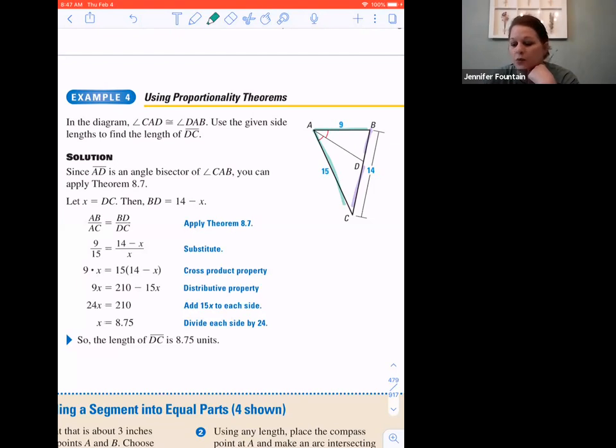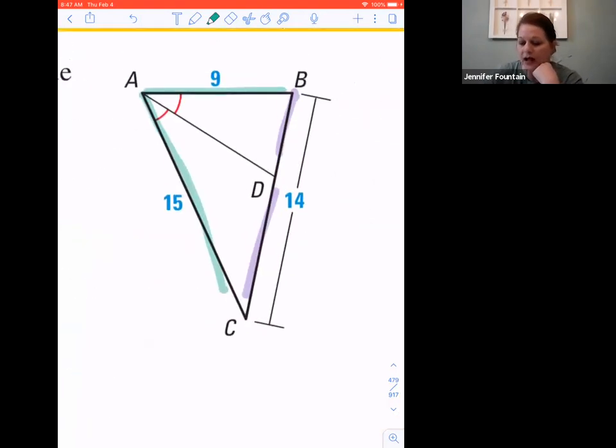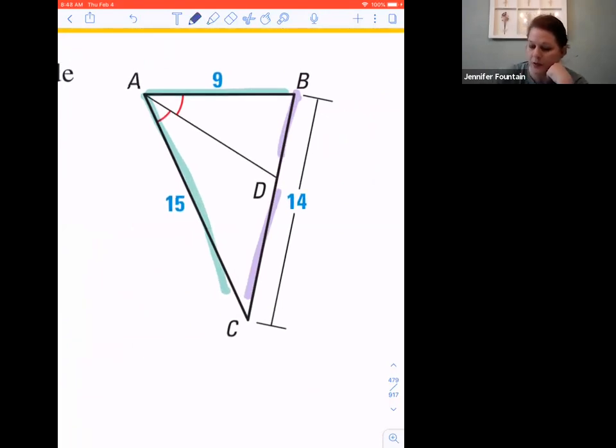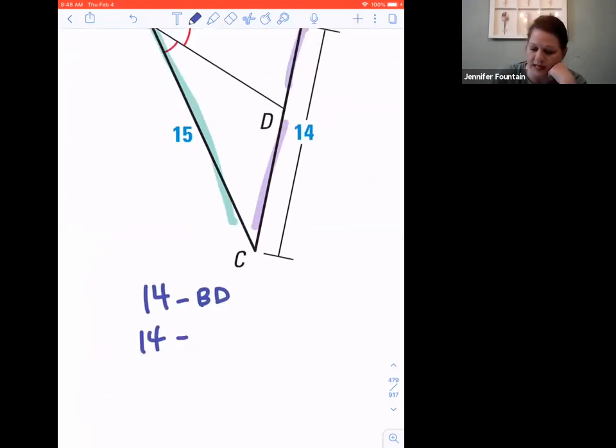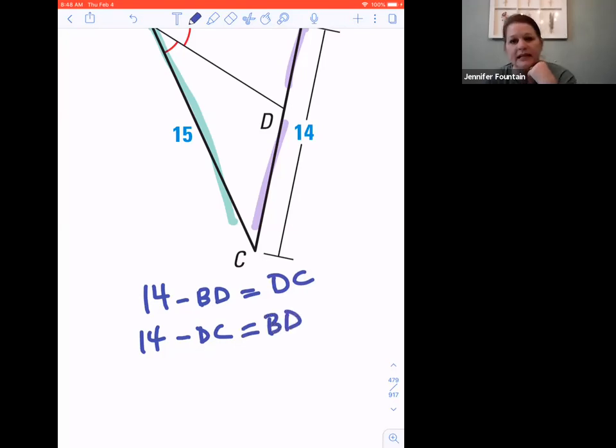Okay, so if I don't know what either of those sections are, the only way I can figure out what each section would be is 14 minus BD or 14 minus DC. So 14 minus BD is equal to DC, and 14 minus DC is equal to BD.